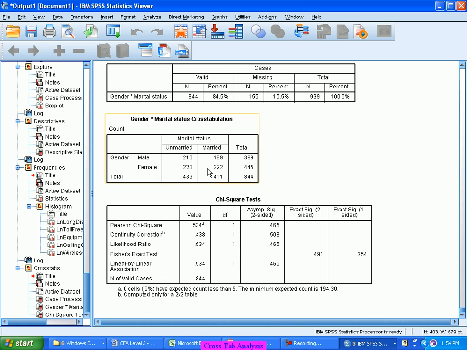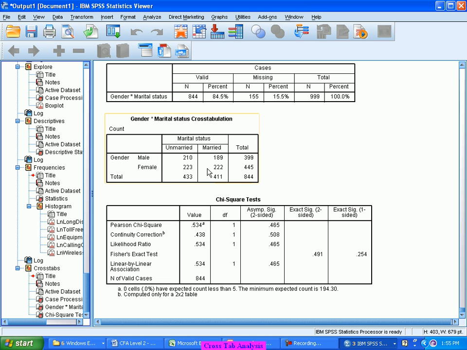Now I have to make a conclusion. I cannot restrict it to saying there is some small difference. These are not generalized statements. If I have to make a generalized statement, I will depend on the chi-square value.